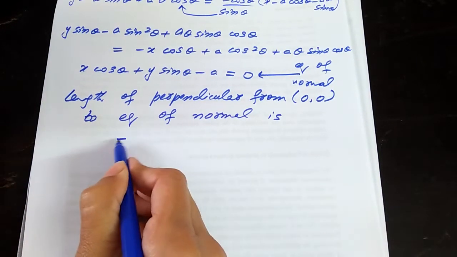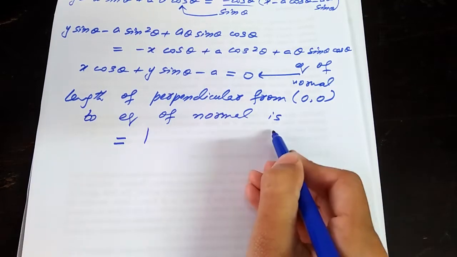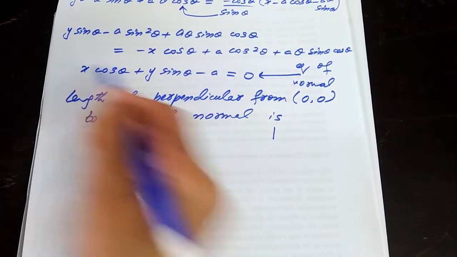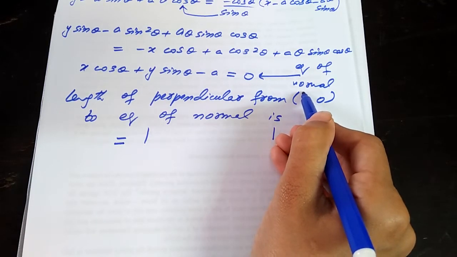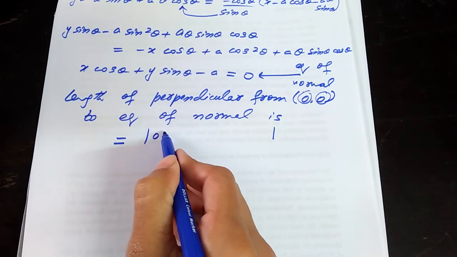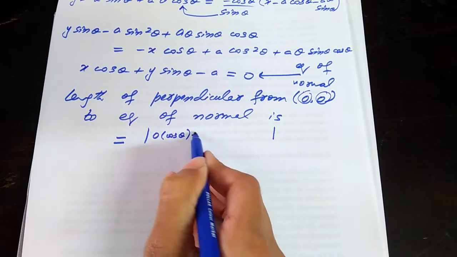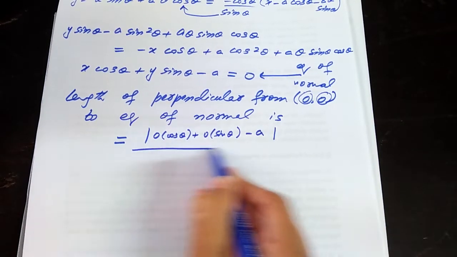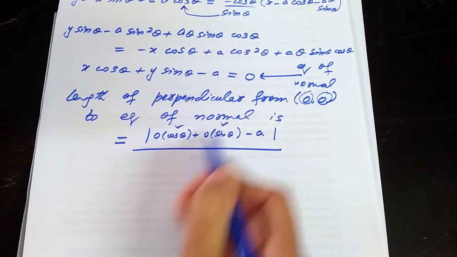It is equal to, now mod, what we have to do, write this in place of x, put the value of this x, and in place of y, put the value of this y. We'll get 0 times cos of theta plus 0 times sine of theta minus a, divided by the square root of the squares of these coefficients.